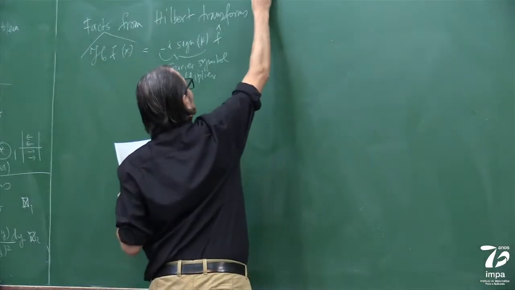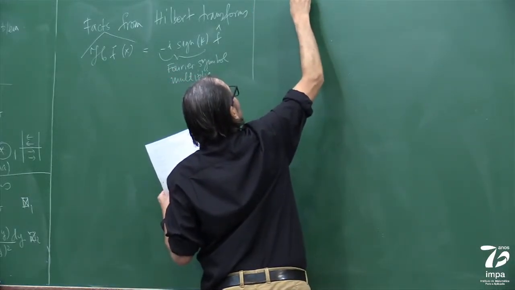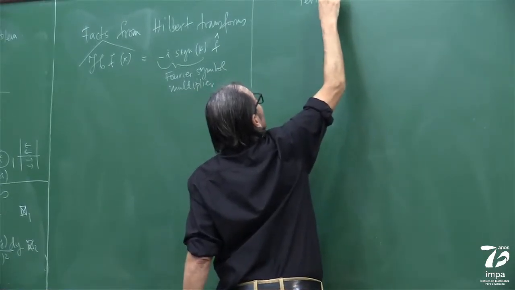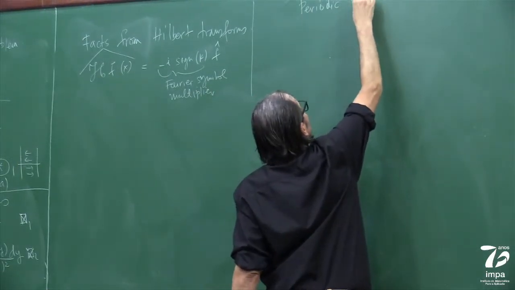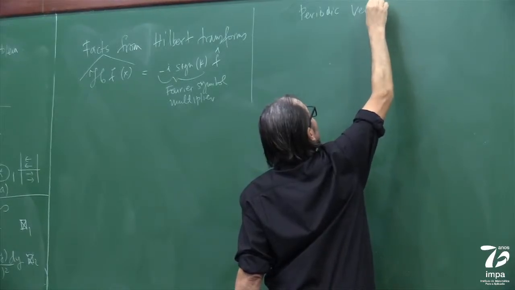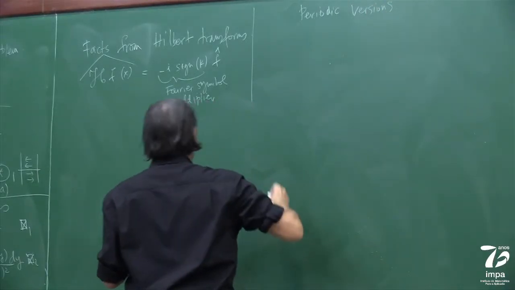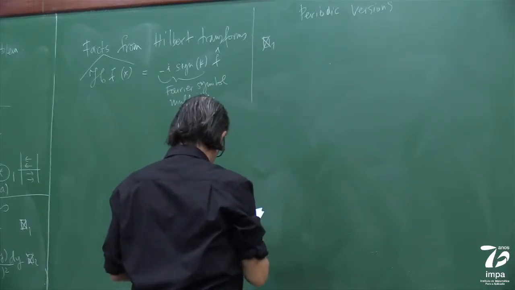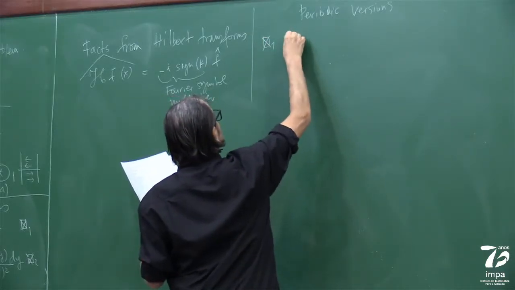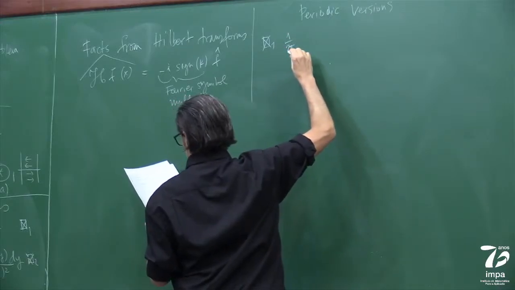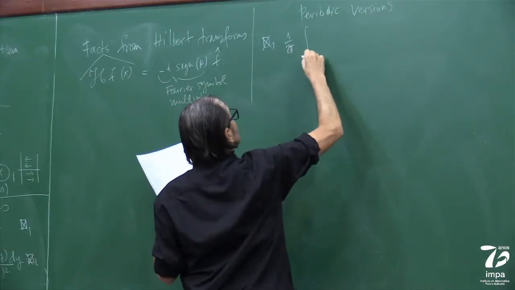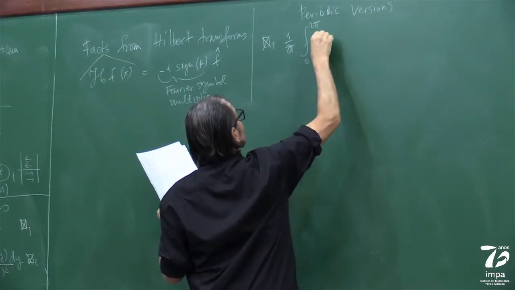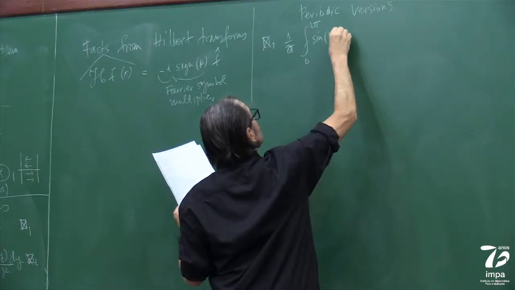Let me write here. Periodic versions of 1, and I'm going to write already with this result, which is going to be useful to us.